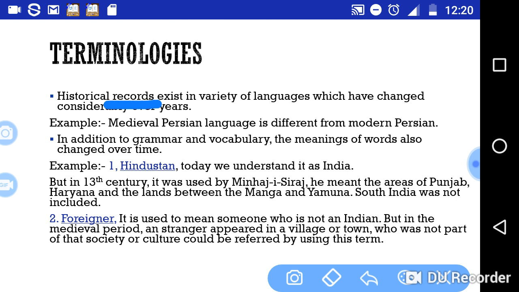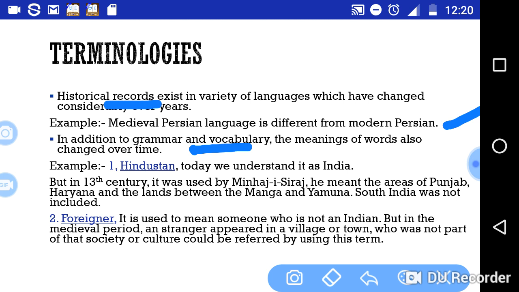For example, the Persian language: we can see a difference between medieval Persian and modern Persian. We can see changes in grammar and vocabulary, and in addition to grammar and vocabulary, the meanings of the words also changed with time.